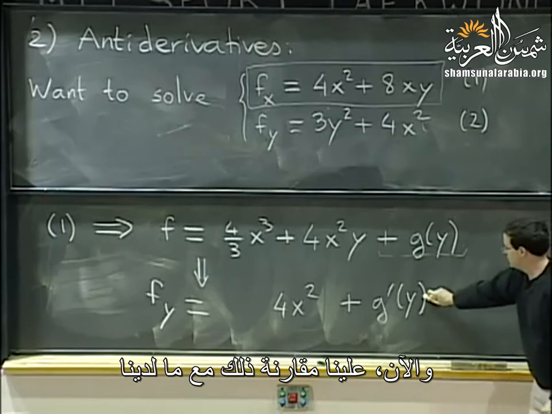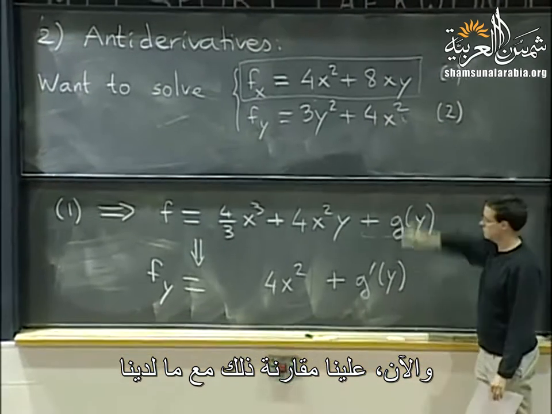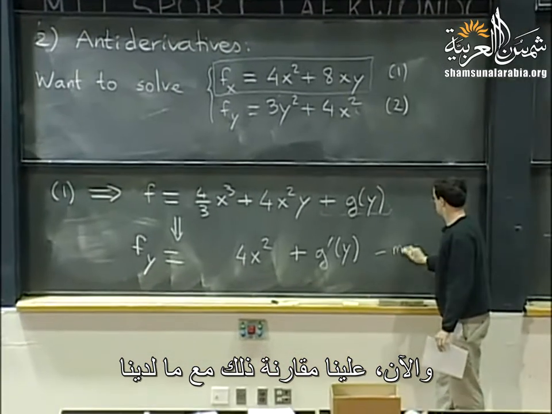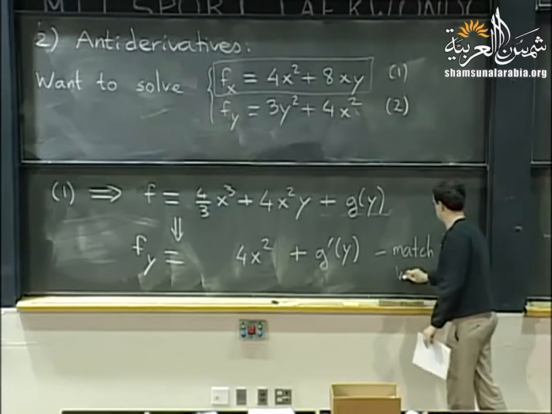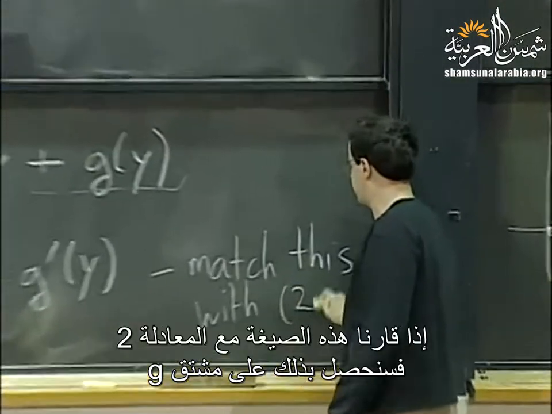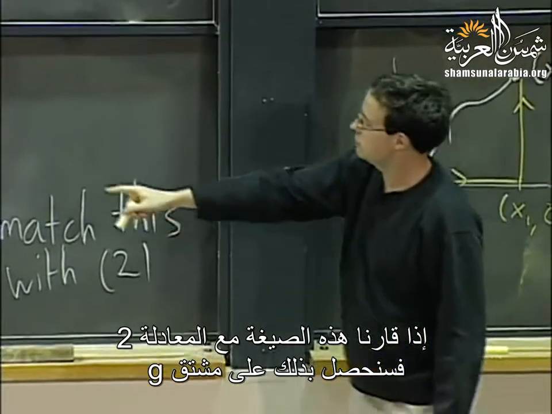So I would like to match this with what I had. If I match this with equation 2, then that will tell me what the derivative of g should be.